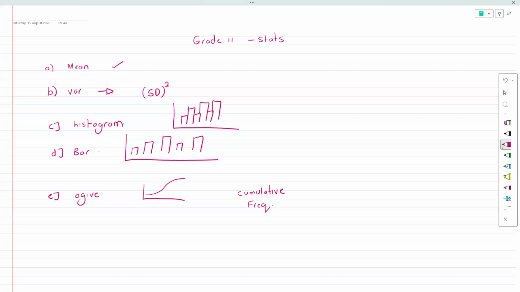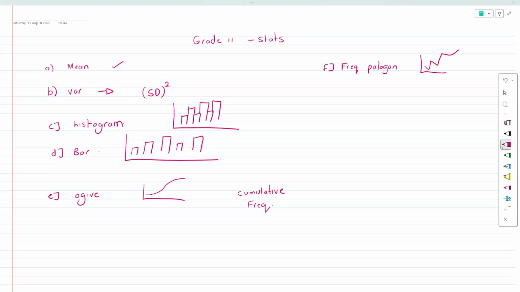The next one that I'd like to do is, what is a frequency polygon? Just like the ogive curve, a frequency polygon ends up more like a scatter plot, but it ends up as a line, like a line graph kind of looking thing.